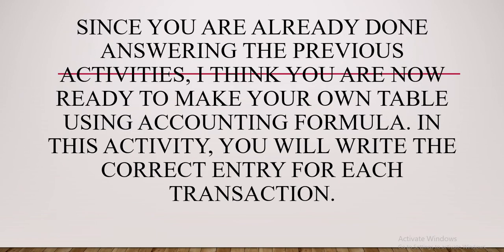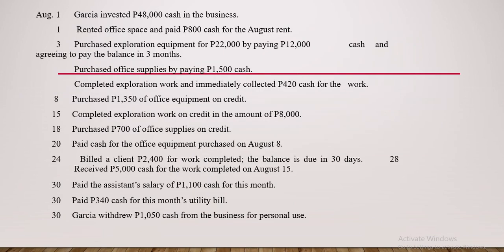Okay, since you are already done answering the previous activities, I think you are now ready to make your own table using accounting formula. In this activity, you will write a correct entry for each transaction. Okay, so these are the transactions from August 1 to 30.